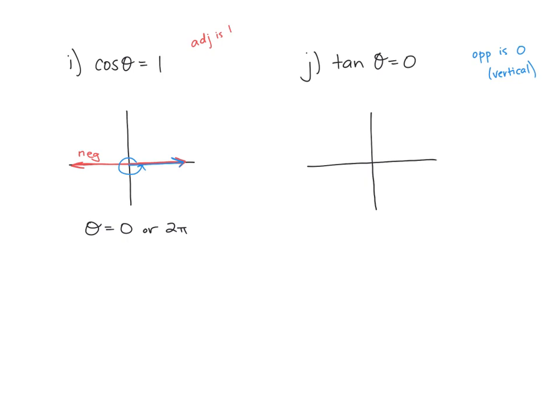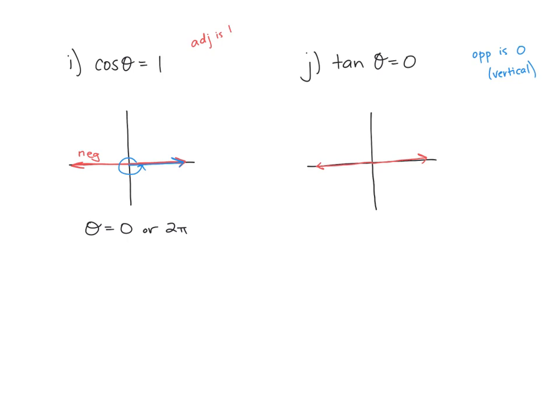But then our adjacent can be everything. 0 over 1, 0 over negative 1 is still 0. So since our opposite is 0, our vertical is 0, we have not moved up or down, but rather we have moved left and right.